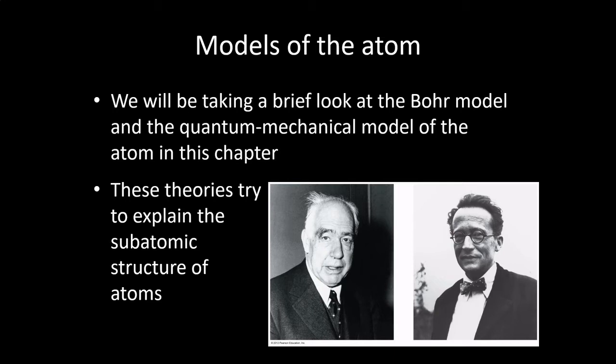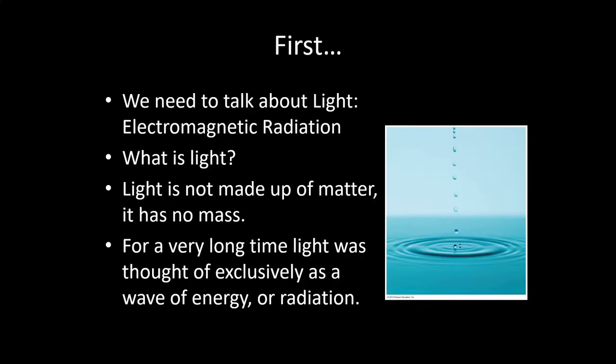What these theories are trying to do is to explain the subatomic structure of atoms. And so before we can really dive into that, we need to talk about light, because light is really our only way, I shouldn't say the only way, but it is by far the most common and easiest way for us to interact with electrons.